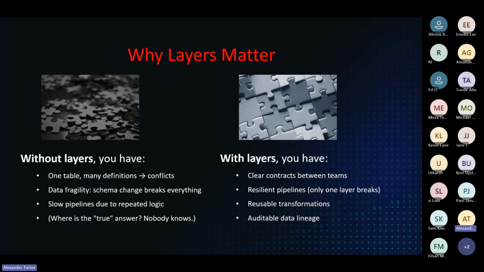We have the contracts, we have the resilience. Even if anything changes in our bronze layer, it does not immediately affect everything downstream from here. We can apply reusability, we can apply patterns, but most importantly, what we have is the lineage.